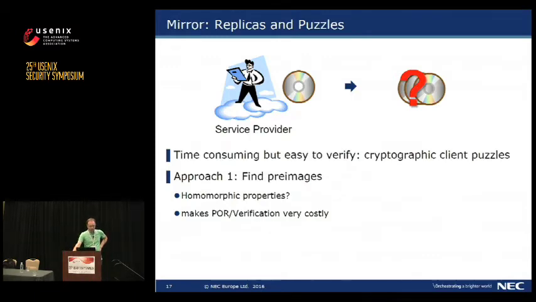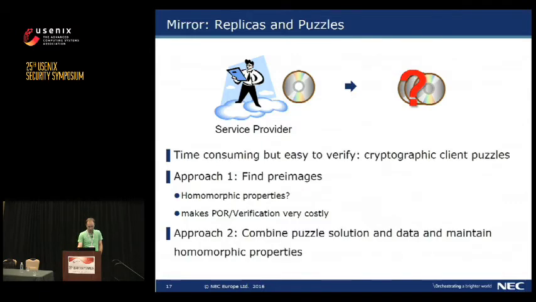But to find pre-images, you would need to reduce the block size to very few bits, and also you don't have homomorphic properties. So in the proof of retrievability, it is not going to be efficient. So we followed the second approach.